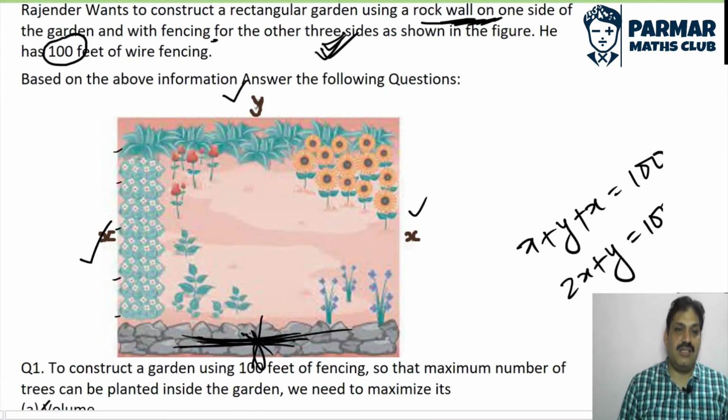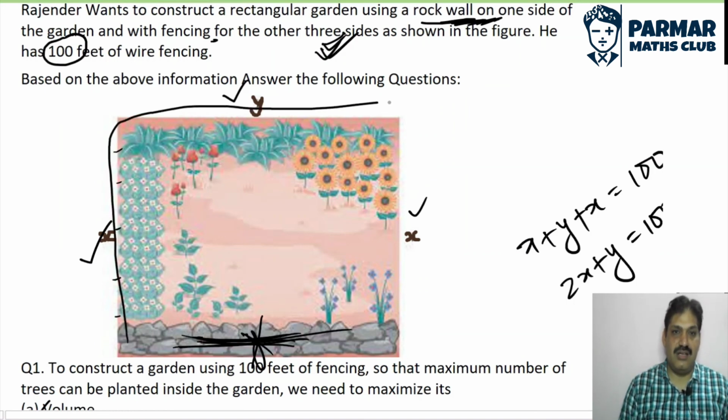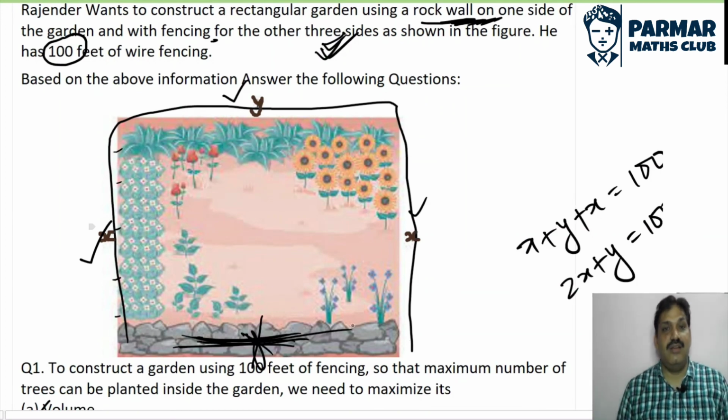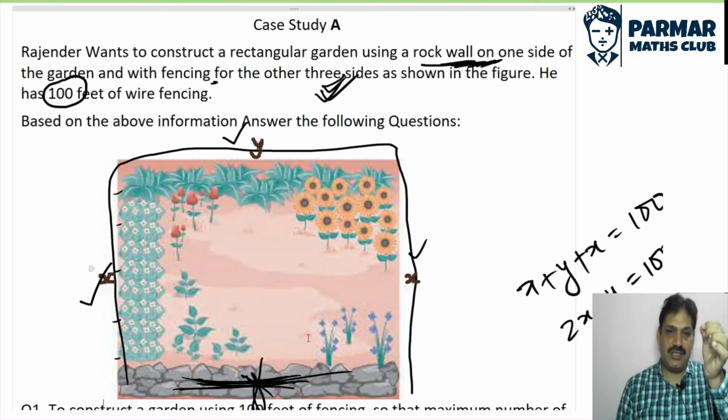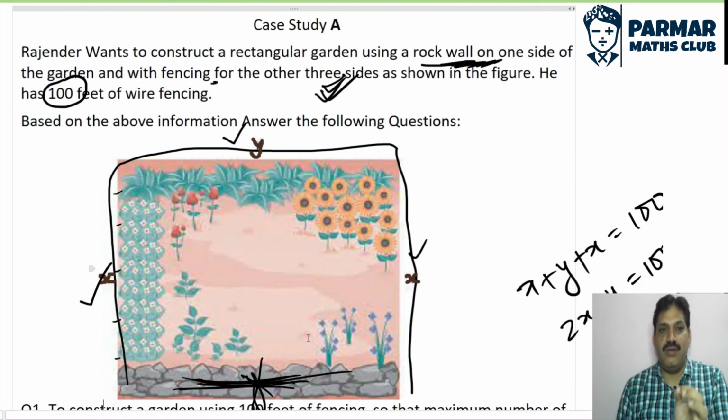Fencing is to be done on these 3 sides only. I hope the question is very clear. To attempt any case study, we must read the case study thoroughly. Then we will answer the asked questions one by one.